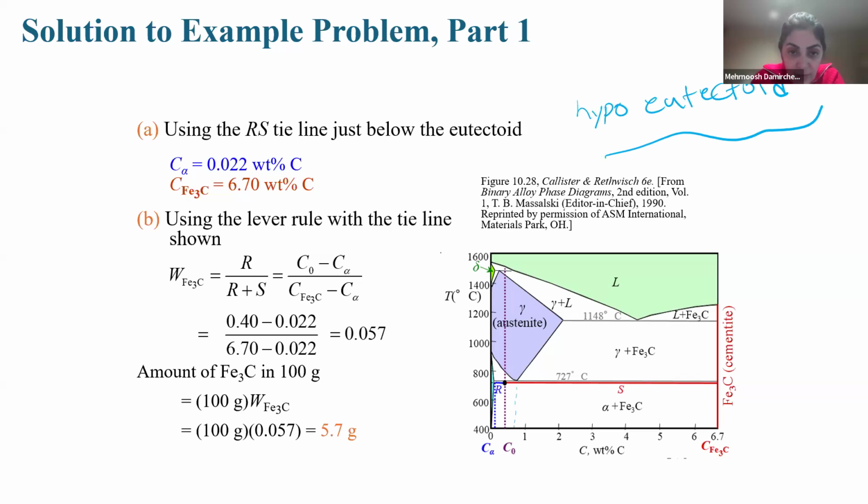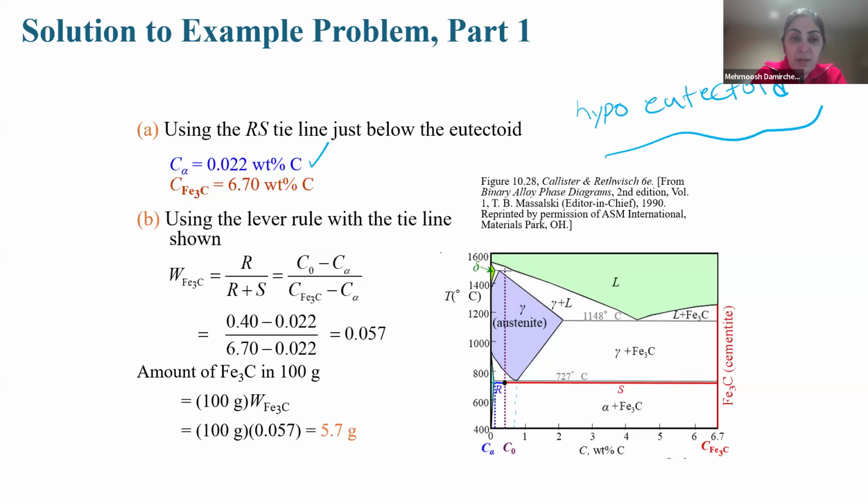If I want to find the compositions, the weight percent of carbon in, for example, ferrite and cementite, we draw a horizontal line. It intersects the alpha, and you read the composition 0.022, and it intersects the cementite, which is 6.7.